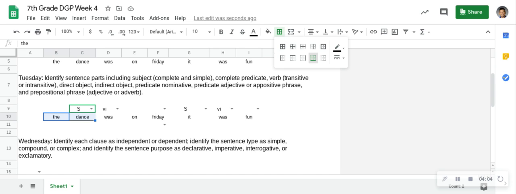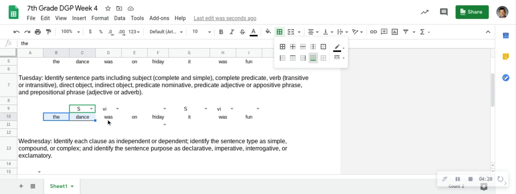Chase, you think it ends on Friday? So you guys are seeing the difference between the first one and the second one, right? Natalie just asked a great question. Are there going to be 2 complete subjects and 2 complete predicates here? Yes or no? What do you guys think? Yeah, there will be 2 complete subjects and 2 complete predicates.